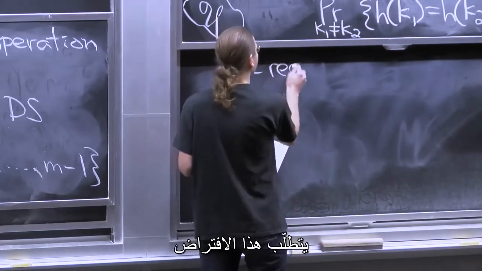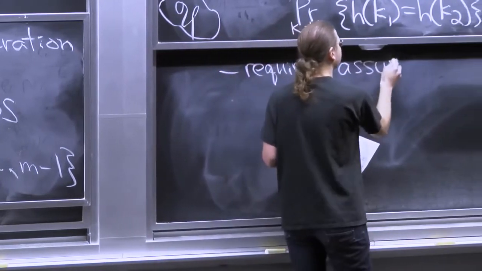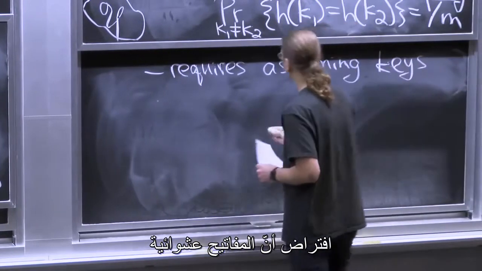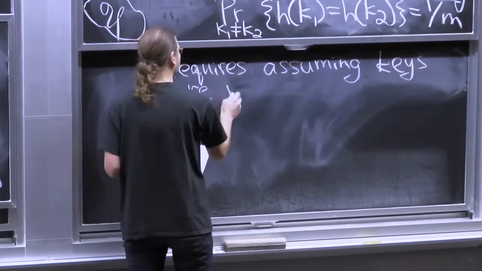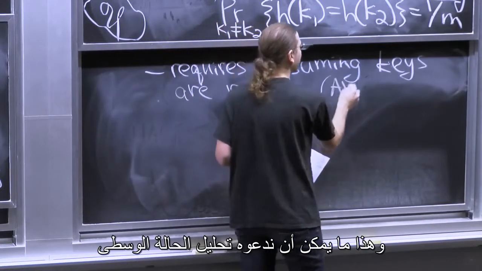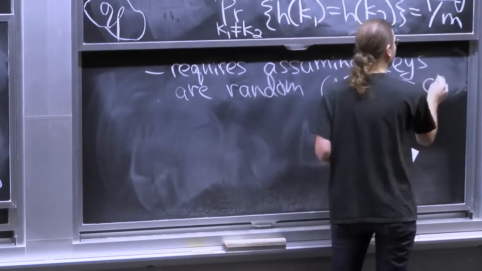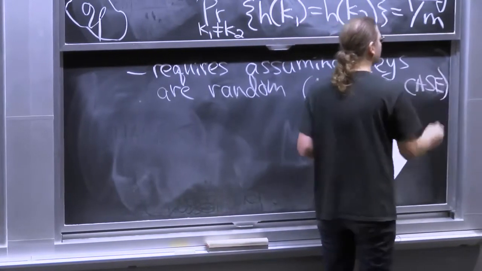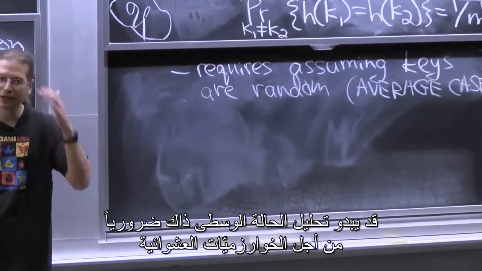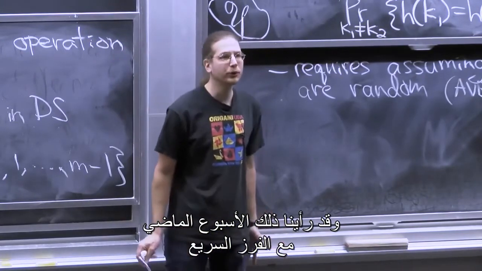So this assumption requires assuming that the keys are random. And this is what we would call an average case analysis. You might think that average case analysis is necessary for randomized algorithms, but that's not true. And we saw that last week with quicksort.